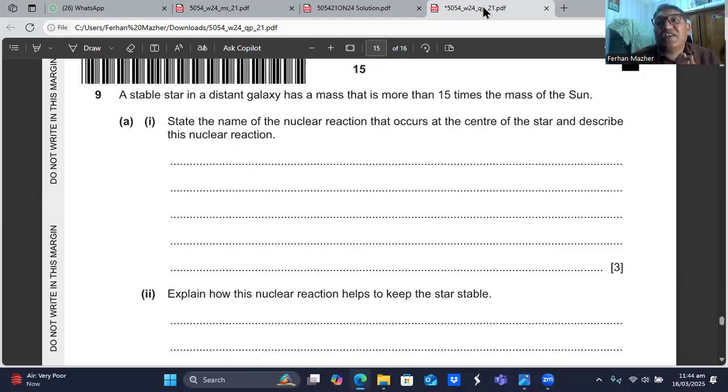They fuse into each other, and the nuclei of those hydrogen atoms convert into helium and give out an enormous amount of energy. This process is called fusion, and this is happening at the core of the stars.